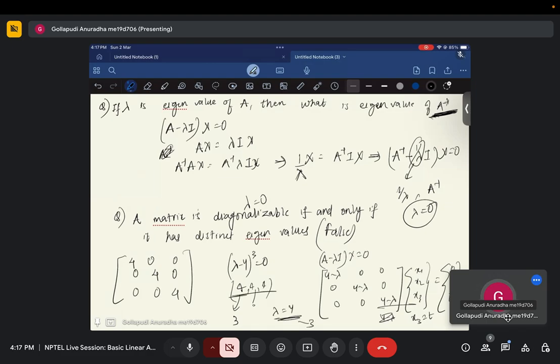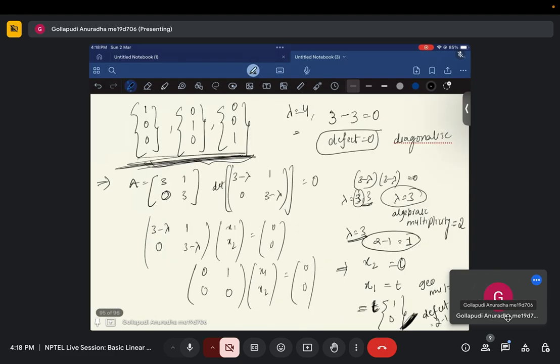But if you look at the eigenvectors for lambda equal to 4, the matrix is such that we are getting a null space of dimension 3, right? We are getting 3 vectors here, 3 bases, so the dimension is 3. So 3 minus 3 is going to be 0.